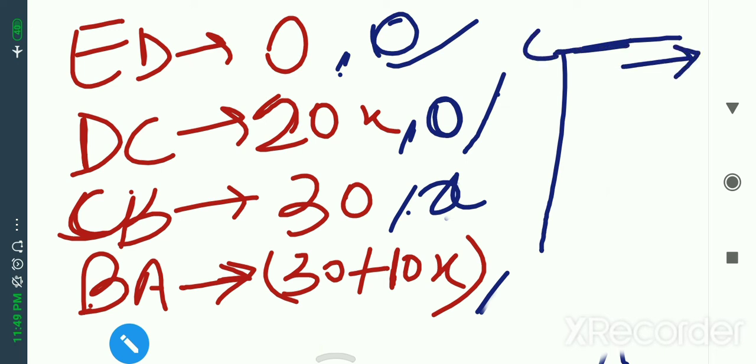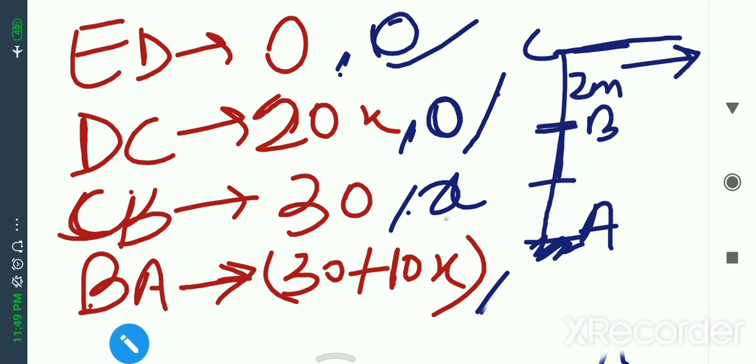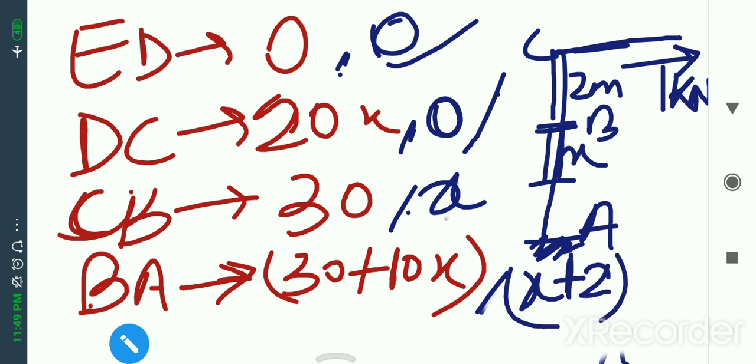This is point C, this is point B, and this is point A. So this is 2 meters, and we take x from over here, it is x meters. So this 1 kilonewton force will impose a moment of 1 into (2 plus x). This value is 2 and this value is x, so the moment is 1 into x plus 2 meters.